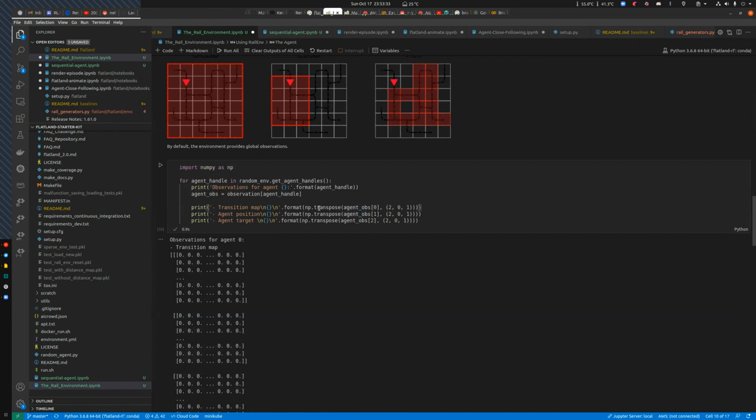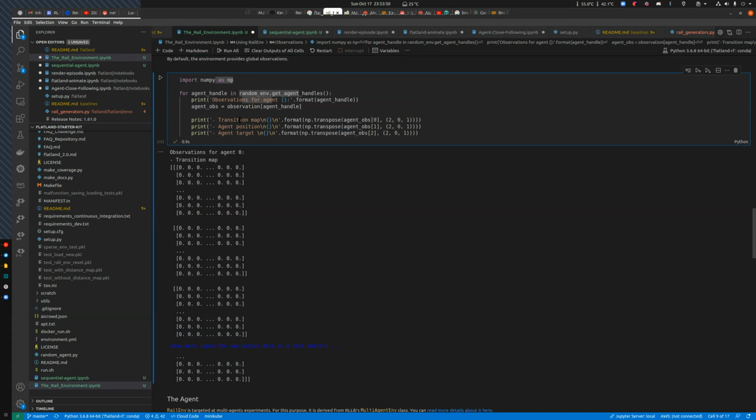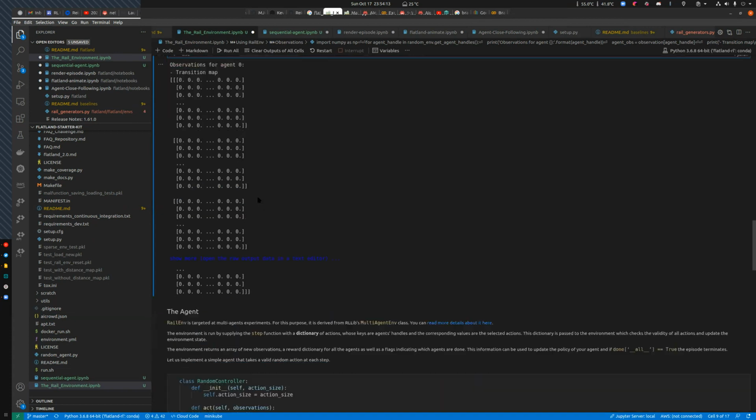So these are in the agent handle, which are being presented by the RailEnv. These three things: the transition maps, the agent positions, and the agent targets help us to make our way through that particular environment that we had. So we will see how we can use them in the next.